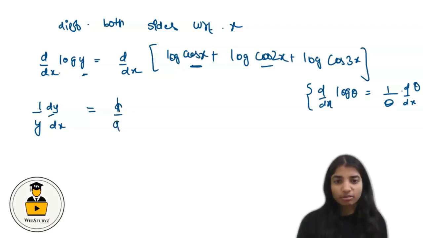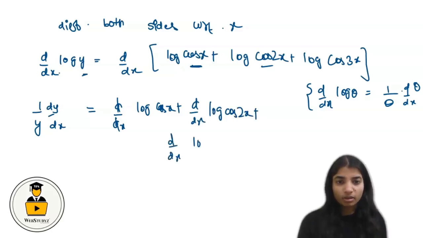So this becomes d/dx of log of cos x plus d/dx of log of cos 2x plus d/dx of log of cos 3x.